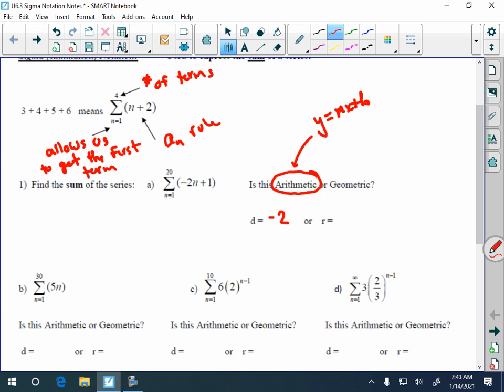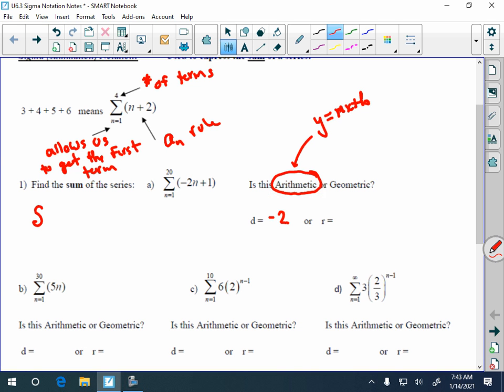All right, so now we want to go ahead and find the sum of the series. Since we know it's arithmetic, we have a sum formula to do this. All right, so we'll go back and look at our sum formulas for arithmetic and geometric. Well, for arithmetic, it's n over 2 times a1 plus an.